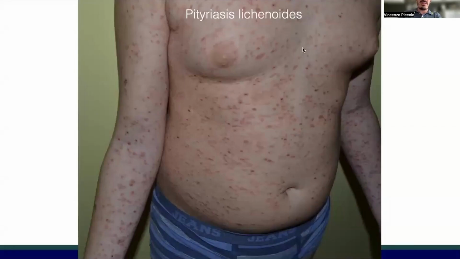As concerning pityriasis lichenoides, it usually affects adolescents or children. It is considered as well a post-infectious skin eruption, typically presenting with different crops of lesions, not sparing the limbs, as you can see here. And you can appreciate at clinical examination a polymorphism in the evolution of the lesions.